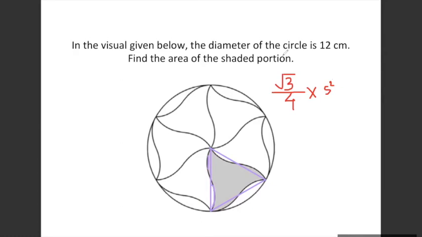This is the formula of the area of the equilateral triangle. Yes. So S is the side. What is the side of this equilateral triangle? What is the length of this side? 6 centimeters. You have everything in the formula. You add it and you get the answer. We are not solving it, but just remember this. Let's move to the next one then.